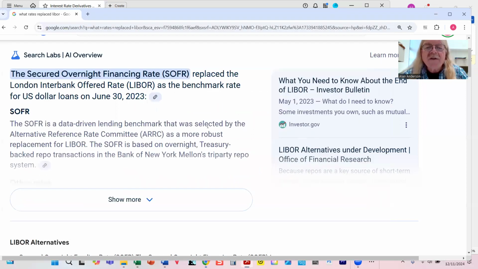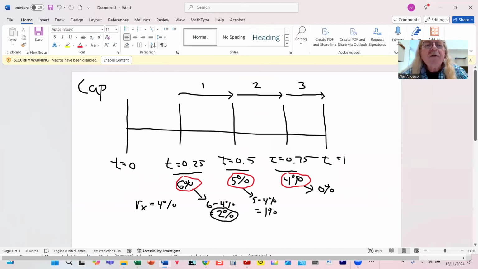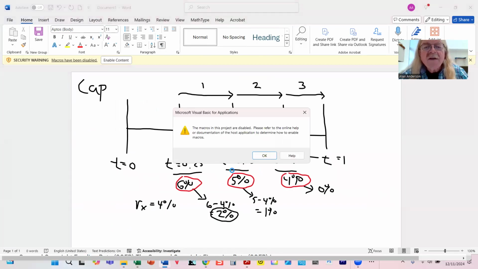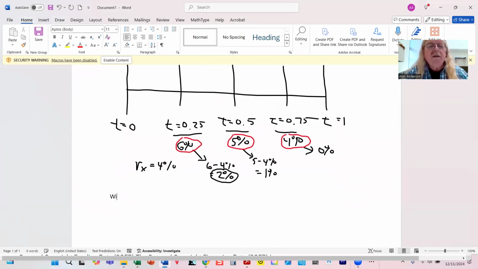Now, the only real difference here is between the floorlets and the cap. With a cap, payoffs are max(R minus RX, 0).